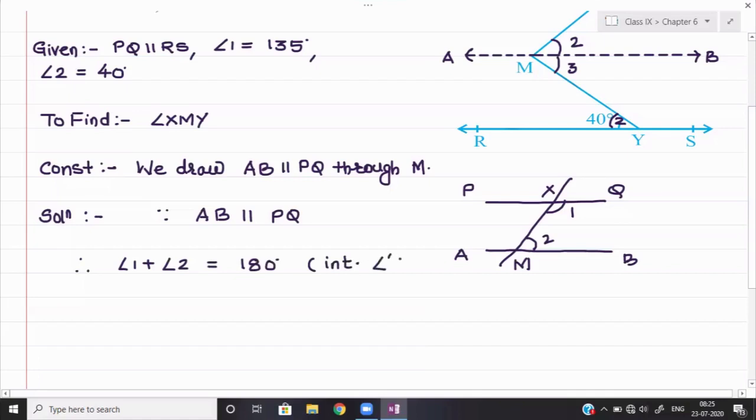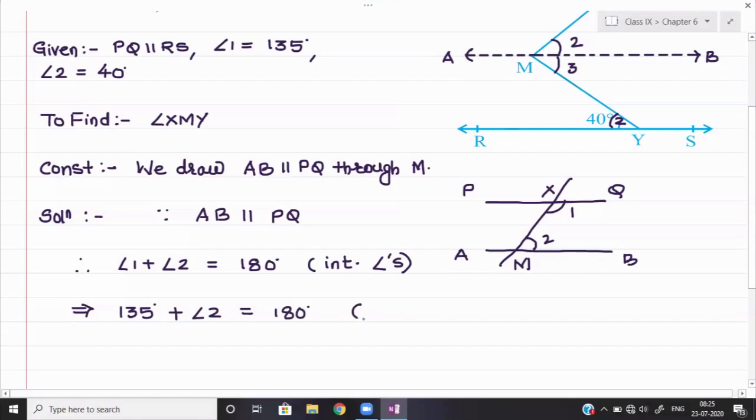Now what values do we have? In the given we have already mentioned the value of angle 1. Angle 1 is equal to 135 degrees, plus angle 2 is equal to 180 degrees.